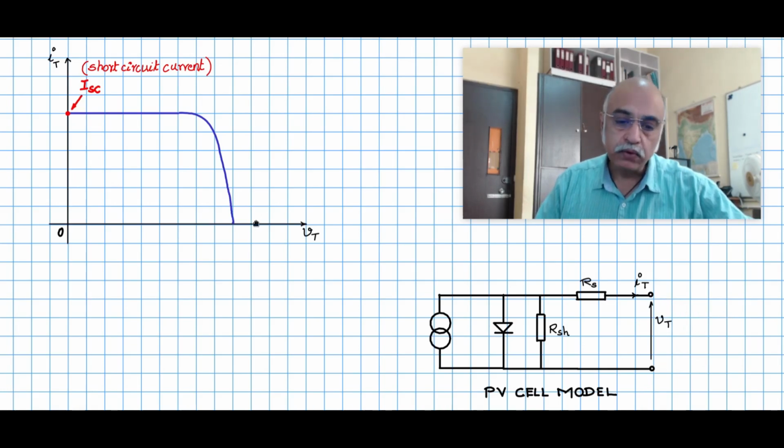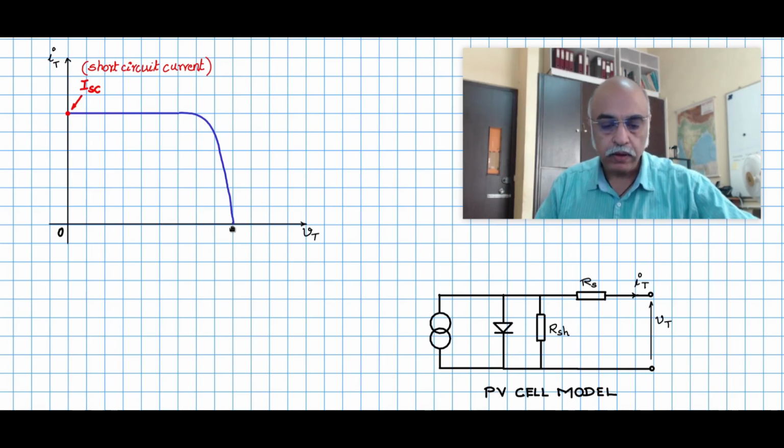Now coming back to the other point here, this is occurring when the current is 0. When the current is 0, you have the x-intercept here. So the voltage at this point is called VOC, or the open circuit voltage.